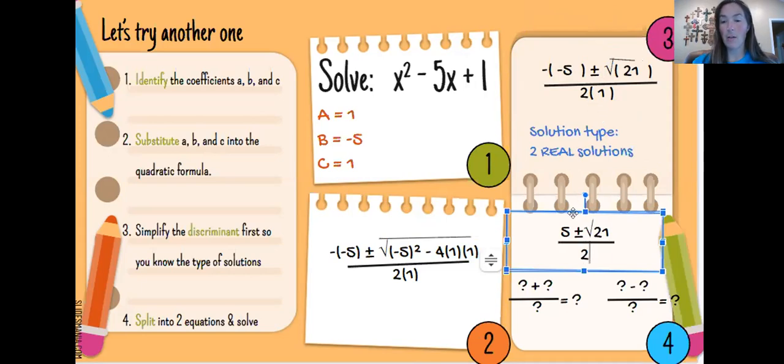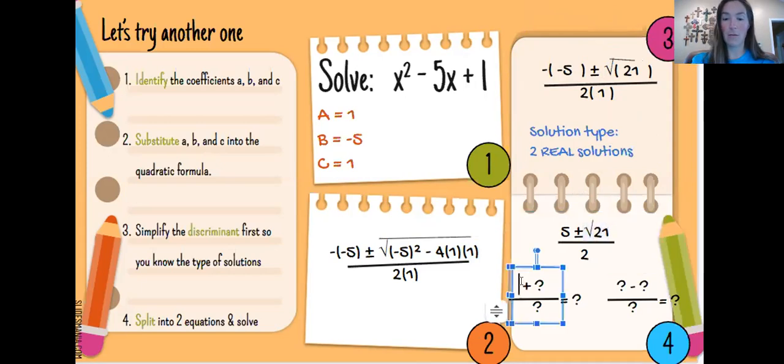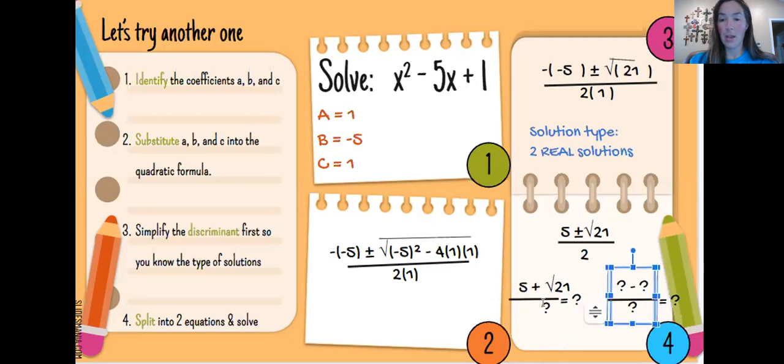And so now I've got 5 plus the square root of 21. And again, I'm just going to copy paste. And I guess we'll have to make our window a little bigger here. And that should be over 2. And then the same thing on this side, I would have 5 minus the square root of 21 and just drag it over so that it fits.